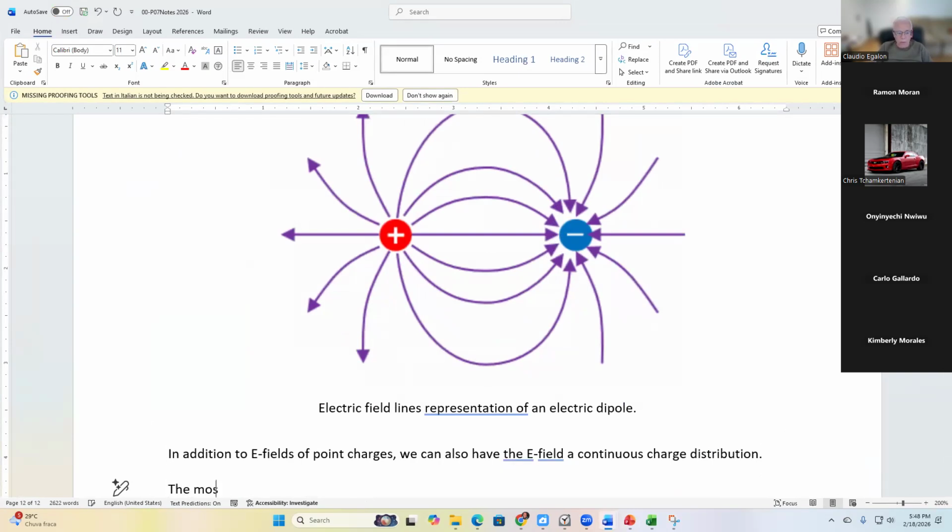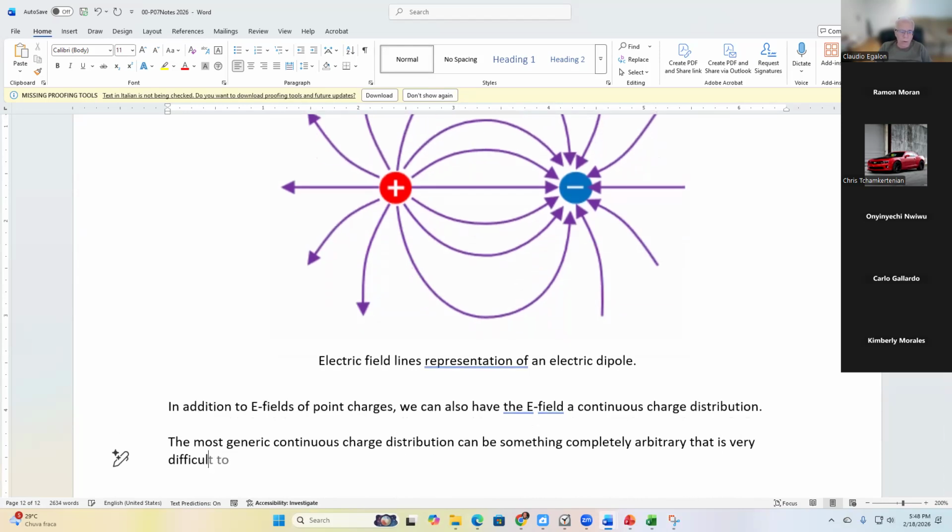The most generic continuous charge distribution can be something completely arbitrary that is very difficult to calculate. See below, right? We have 2 more minutes to go. Let's see if I can finish everything.